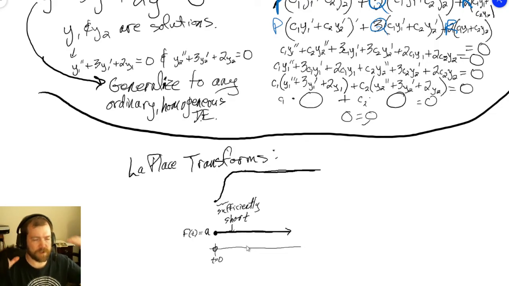So if you had some sort of constant, it's going to jump up to this level and stay at this particular level.